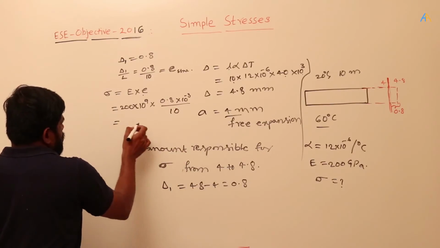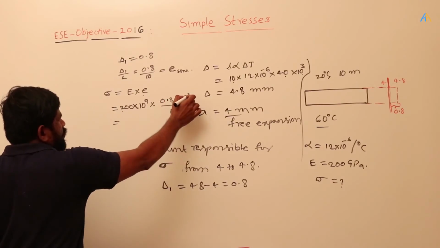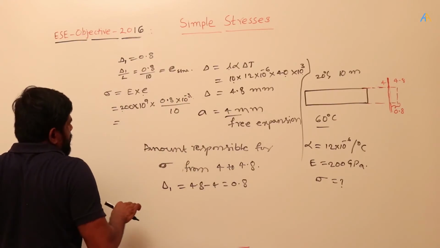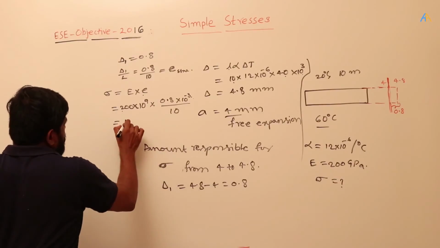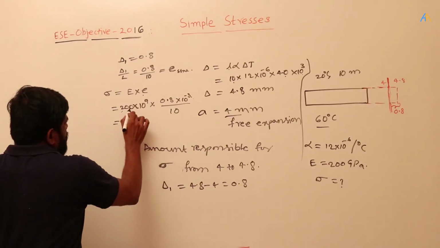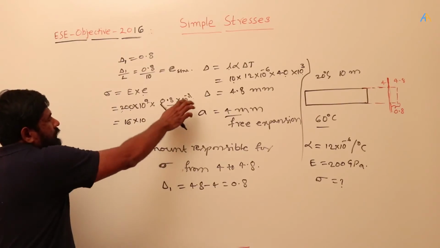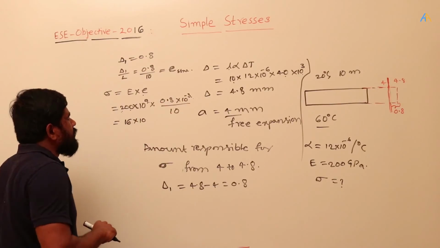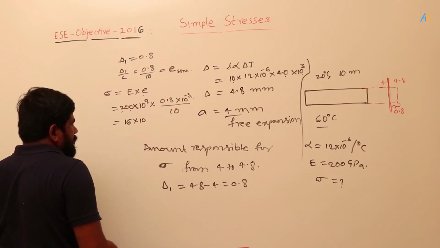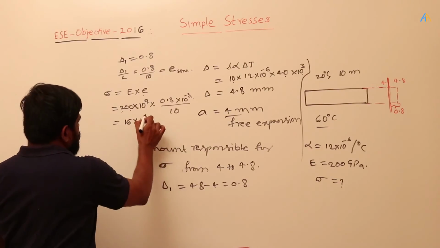So 2 into 8 is 16, and the powers combine: 10 power 11 into 10 power minus 5, that is 10 power 6.